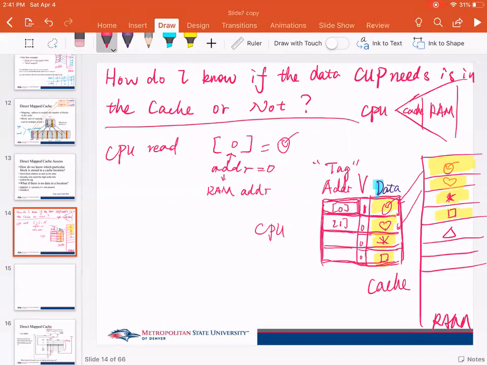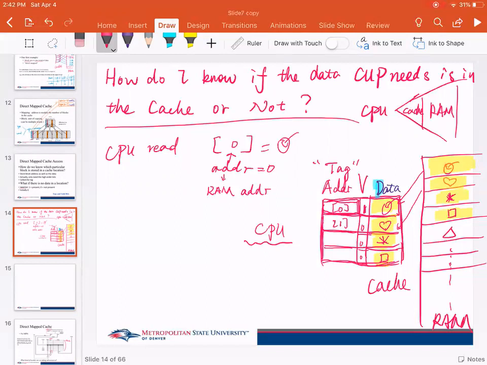However, suppose the triangle is also placed into the cache. What happens is the CPU is trying to read different locations from the memory. Suppose your usage is apple, heart, star, square, triangle, and so on. You keep using different data. The first time you see the apple, you put the apple into the first location of your cache in case you want to use it again, so you have a copy of the apple.